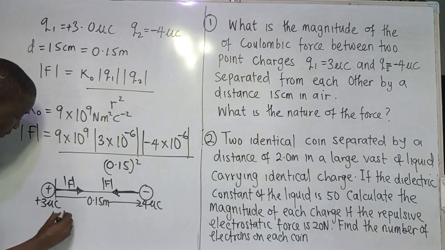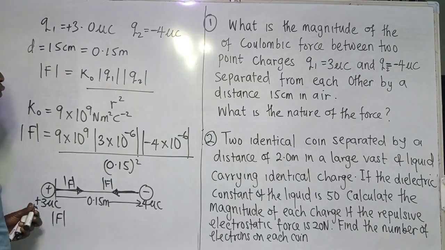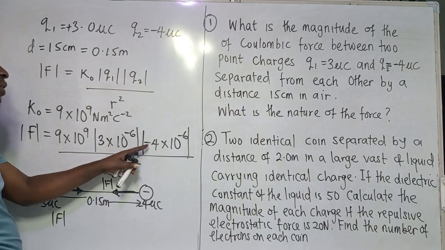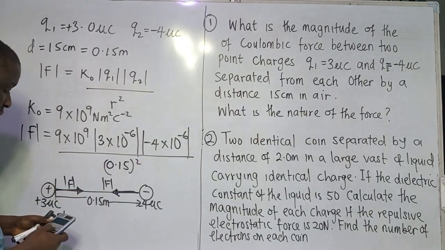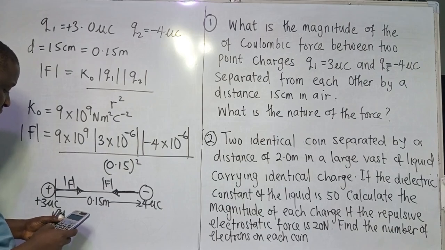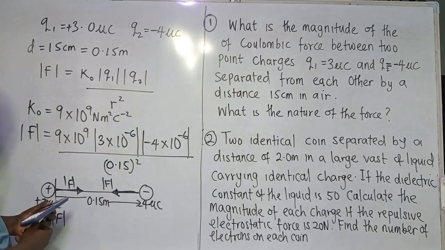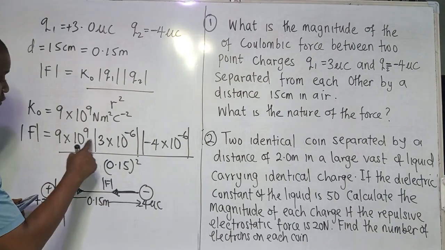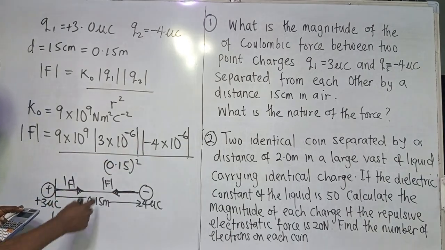So our magnitude of the force will now be equal to the absolute, we cancel out this minus, divided by 0.15 squared. What I did was 9 times 3 times 4, then divide by 0.15 squared.